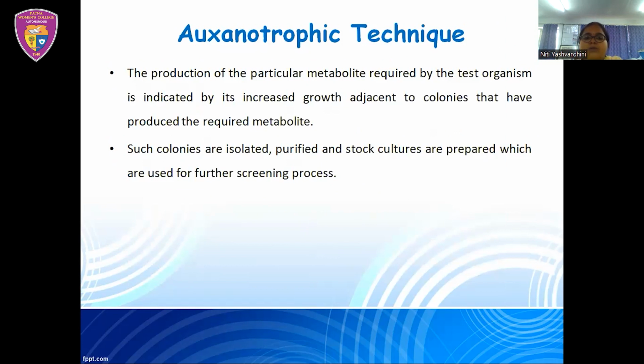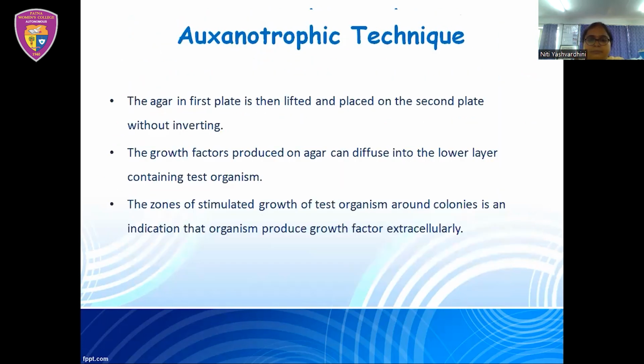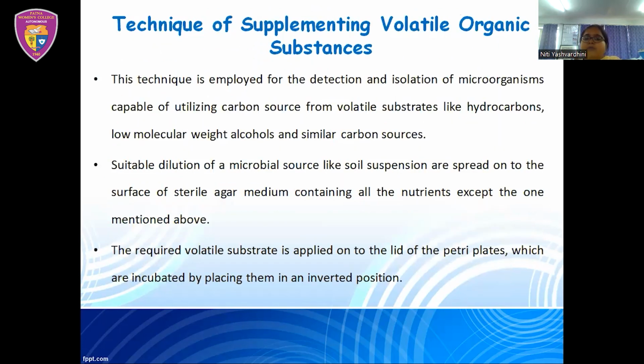Next is the auxanographic technique, where some microorganisms produce extracellular substances, that is, amino acids, vitamins, growth factors and others. To isolate them, other microorganisms which require these compounds for growth can be kept as test organisms, and we can isolate those microorganisms which are able to produce these extracellular substances. The last one is the technique of supplementing volatile organic substances.